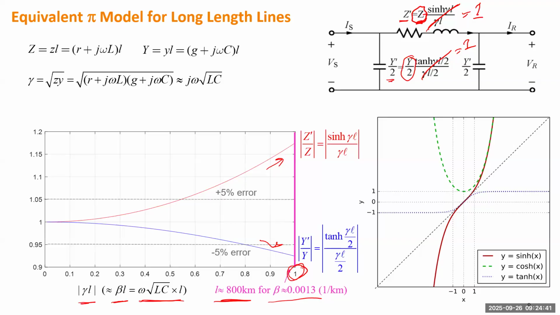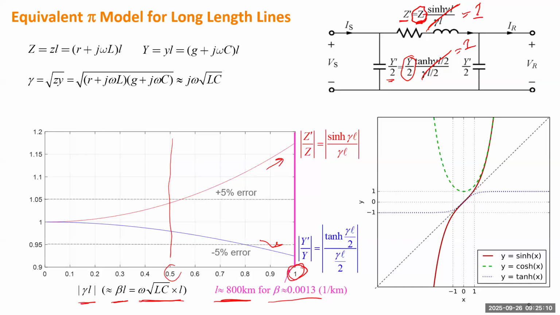So if we take a 5% error as some limit, that will be roughly here, right? It will be slightly, half of the 800 kilometers. Which means if the line is shorter than 400 kilometers, the error will be limited to just 5% if you treat this line as a medium line, not as a long line.